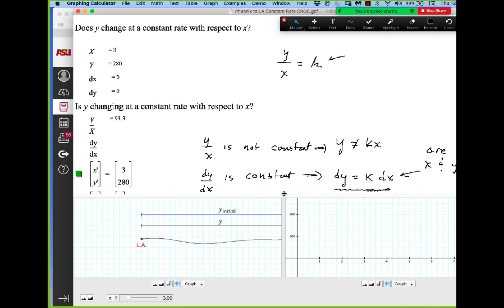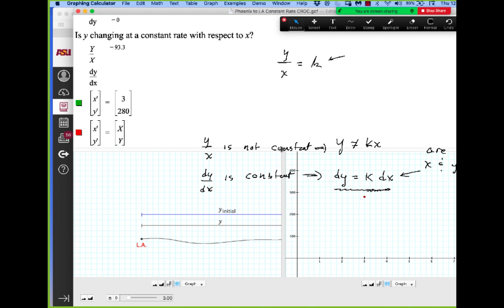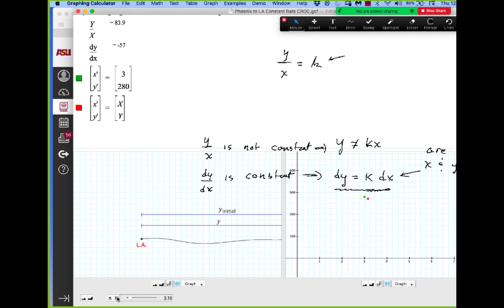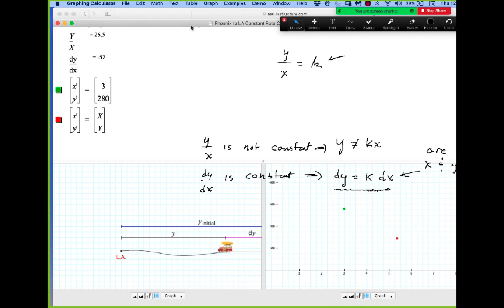I'm going to need more room. And here we go. So let's try this. Can you see the red point?